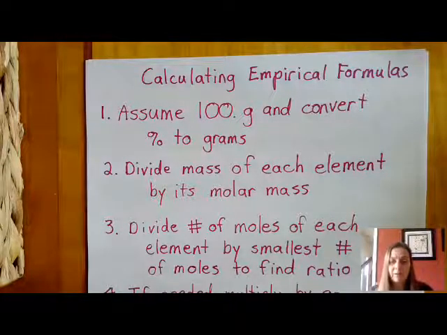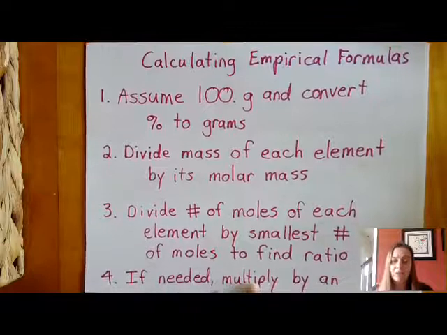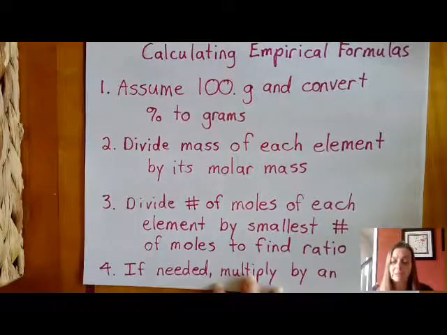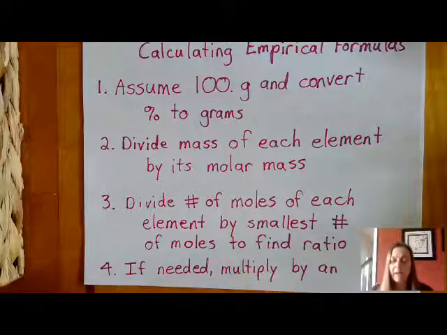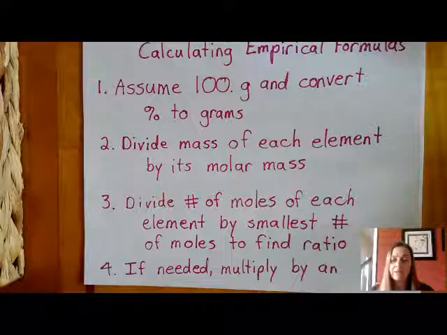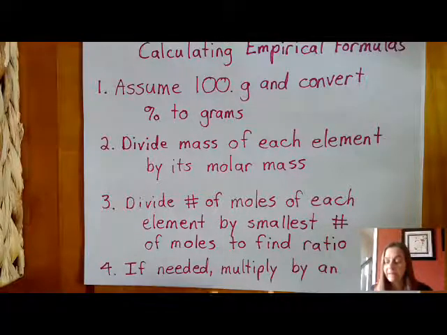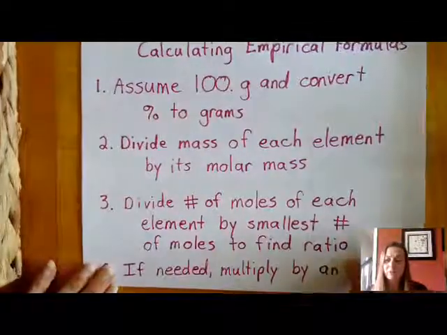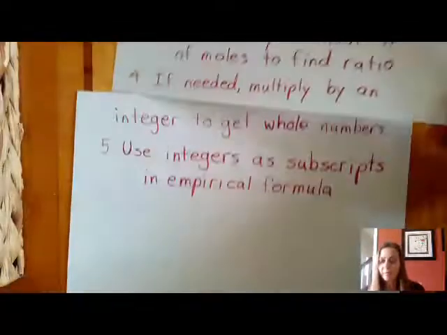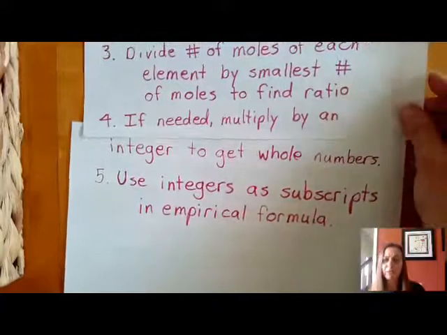And then we're going to divide the number of moles of each element by the smallest number of moles, and I think that'll make more sense when we have an example. Depending on how many elements we have, we're going to have a different number of moles of each. We're going to pick the smallest one of those numbers and divide by that number to find the ratio. Then if necessary, if those numbers don't come out to be whole numbers, we're going to multiply by an integer to get whole numbers.